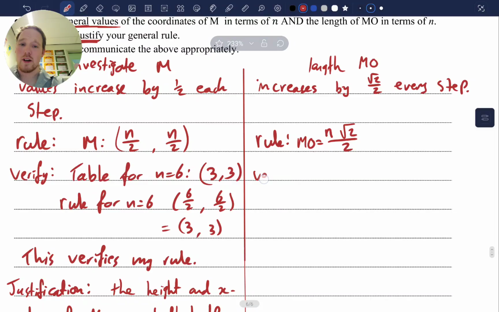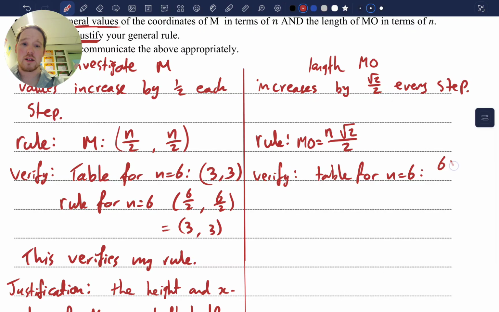So we can verify. Once again, we can use our table for n equals 6 to get 6 root 2 over 2. And we can also use our rule. This is a bit boring because it's once again exactly the same, 6 root 2 over 2.